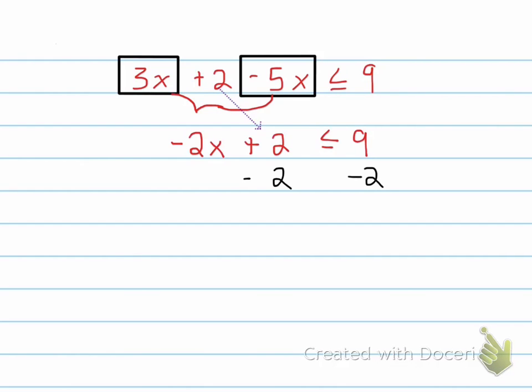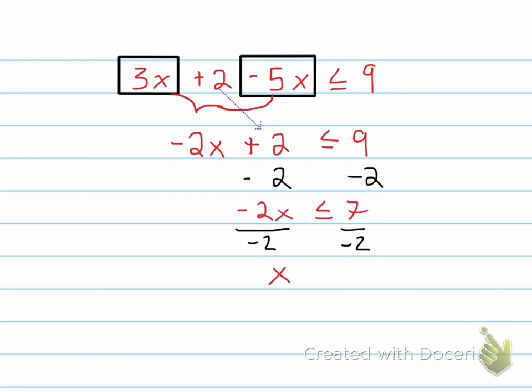So I'll be left with negative 2x is less than or equal to 7. Now I need to get x alone, so I divide by negative 2 on both sides. And I'll be left with x.